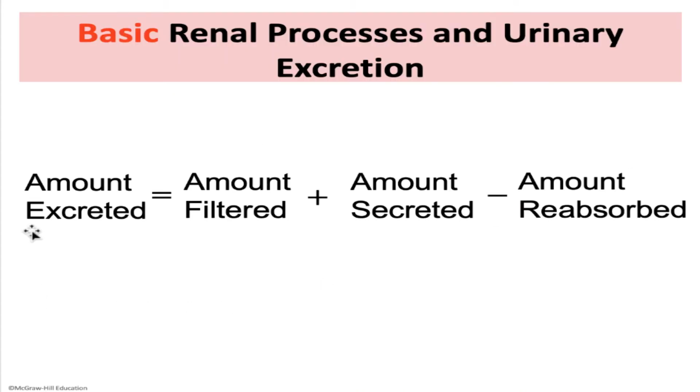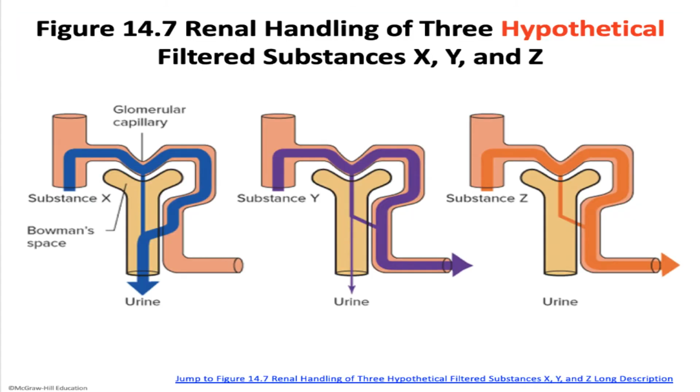The general equation is that the amount of a substance excreted by the kidneys in the urine is equal to the amount that's filtered plus the amount that's secreted minus the amount that's pulled back through reabsorption into the blood. For some substances, the pathway is indicated on the left-hand panel.